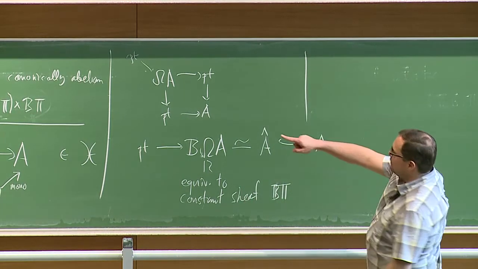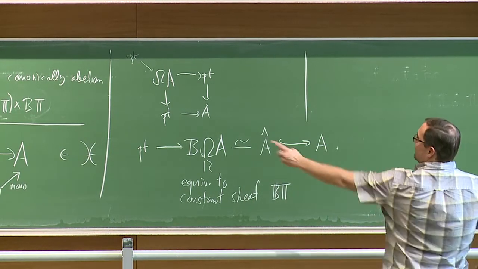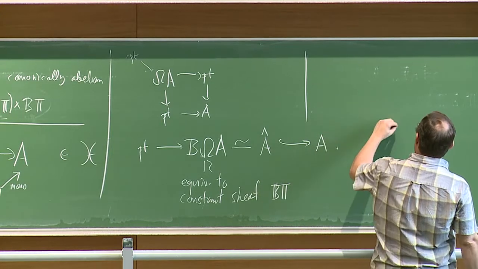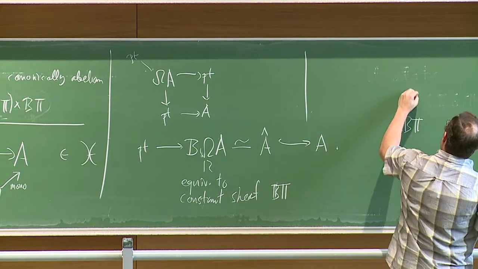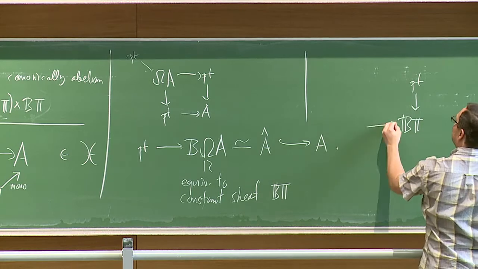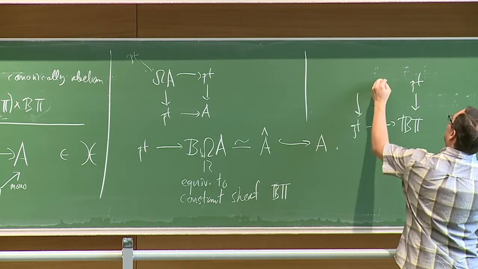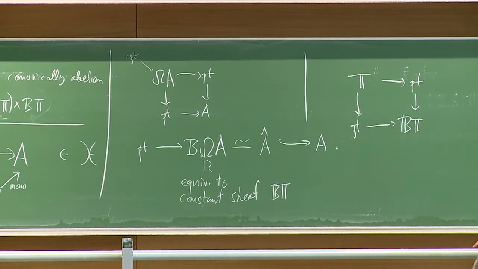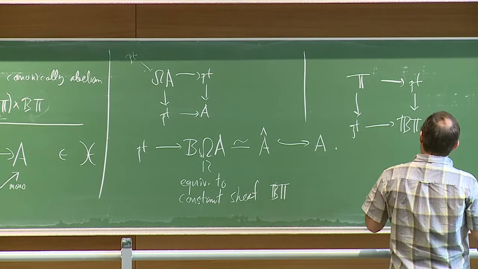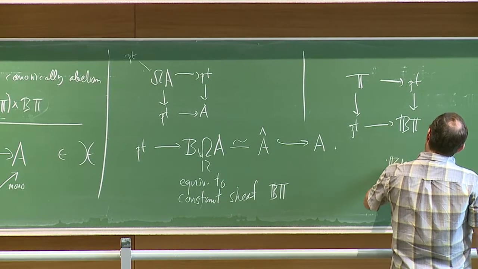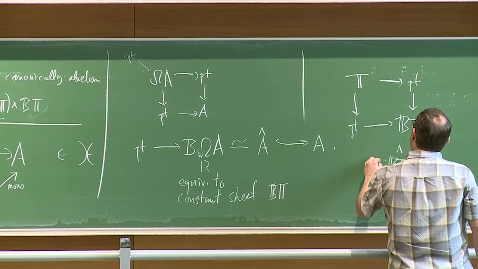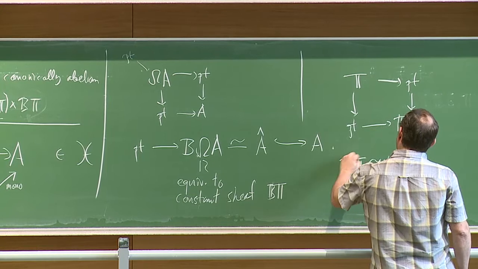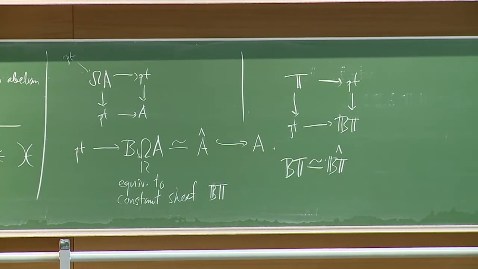And just to check what happens when I do that with this stack, well, I map in point, I take the pullback, I get the circle itself, and then when I take the classifying space of that, I get that BT hat is equivalent to the space BT.